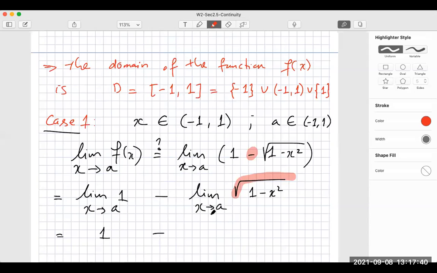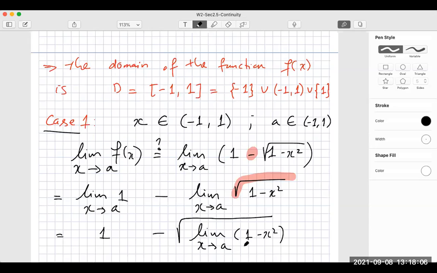Since a is a number larger than -1 and smaller than 1, the law for a radical function, right? What is it? The radical law.